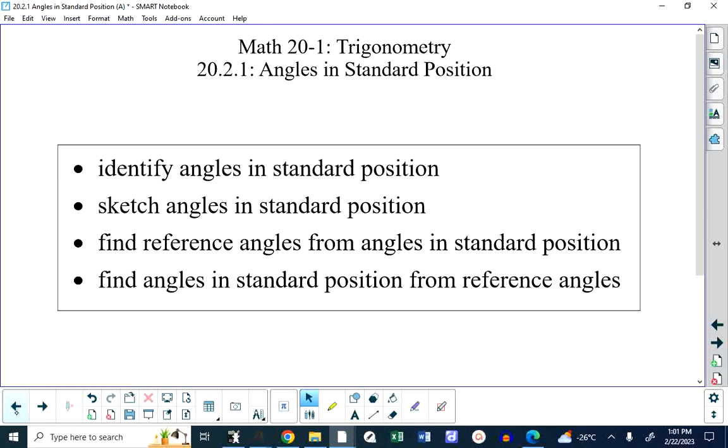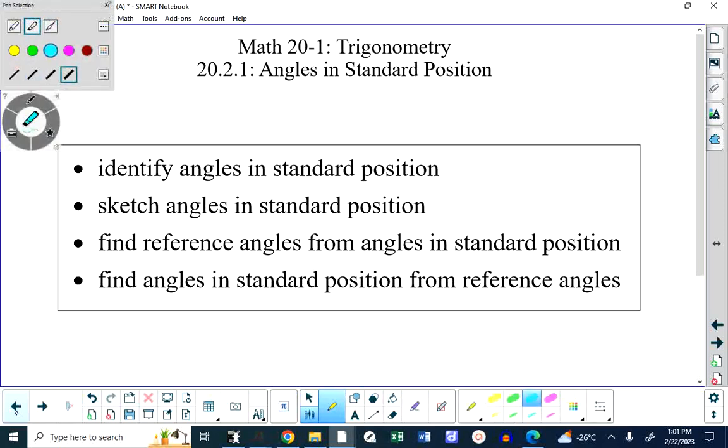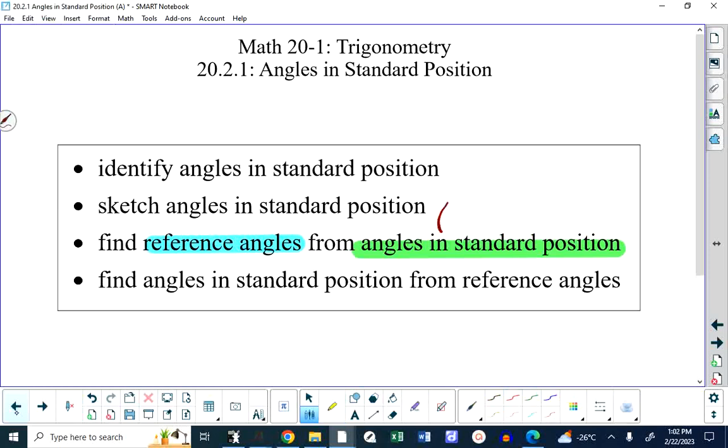And then there's this thing called a reference angle, which is different than an angle in standard position. I mean, they might be the same sometimes, but they might not be. And this angle in standard position is also known as a rotation angle.